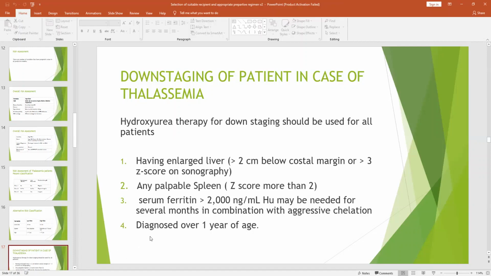And diagnosis over 1 year of age: below 1 year of age, thalassemia is usually diagnosed, but more than 1 year means they have a good response to hydroxyurea, and they are called intermediate.